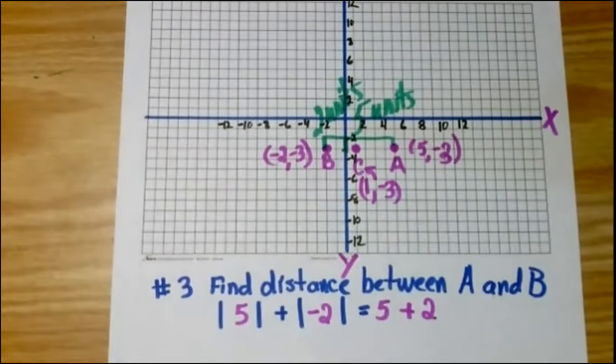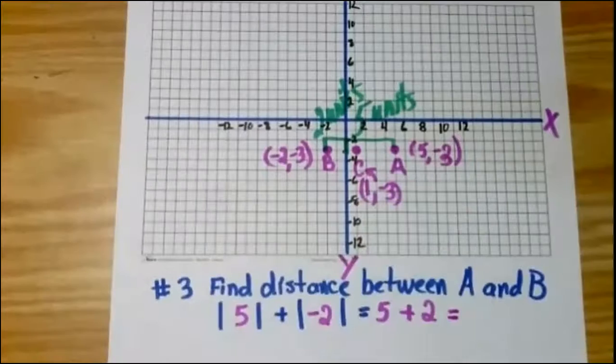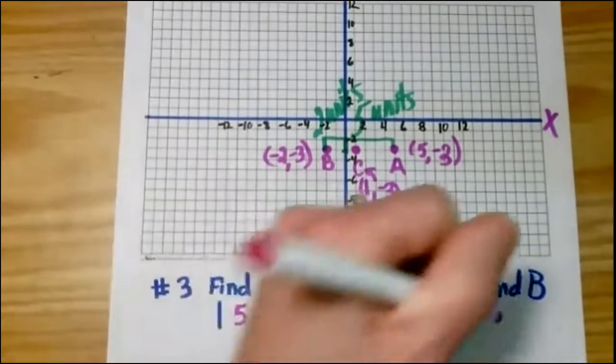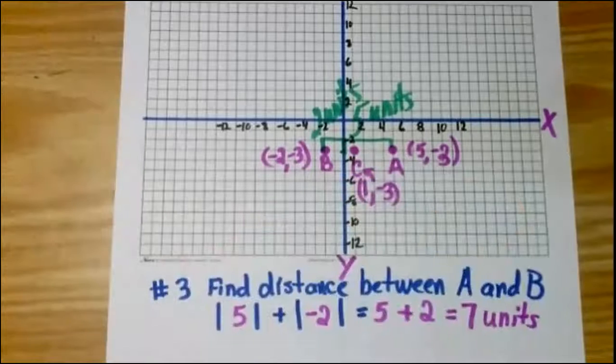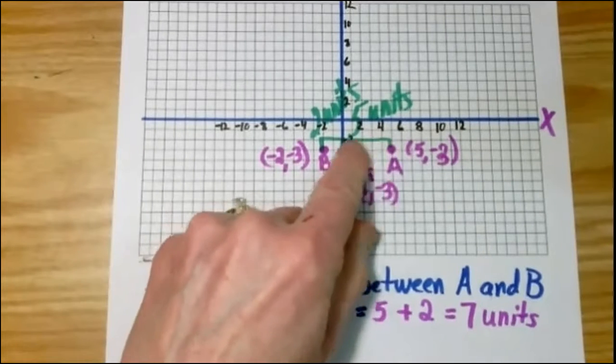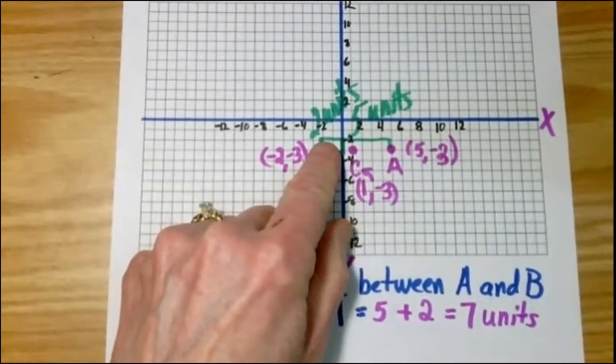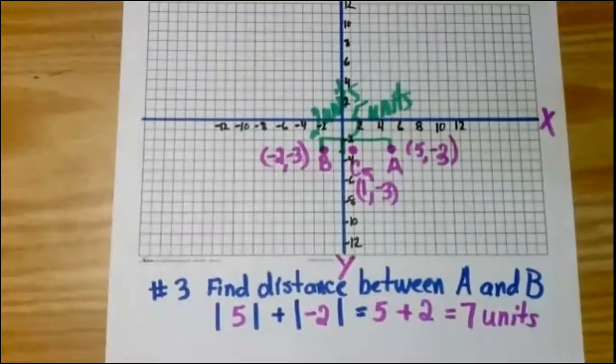And then the answer is 5 plus 2, 7 units. And we figured that out up here anyways. We counted 5 units plus 2 more units gave us 7 units.